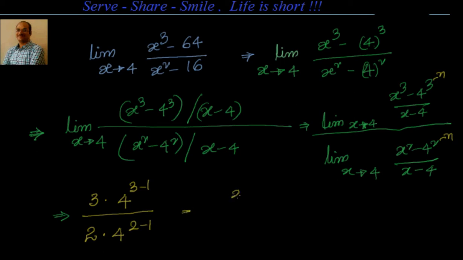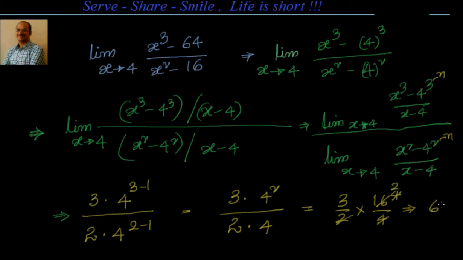So this is nothing but equal to 3 into 4 square divided by 2 into 4. That's nothing but equal to 3 by 2 into 16 by 4, which is nothing but 4 times 4 I can cancel, 2 times 3 I will get 6.